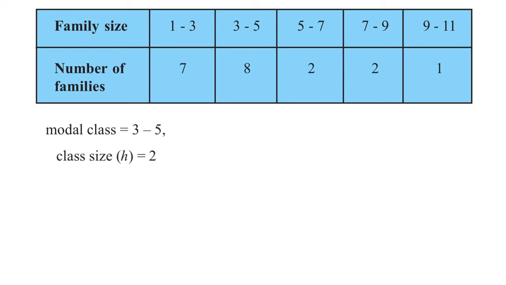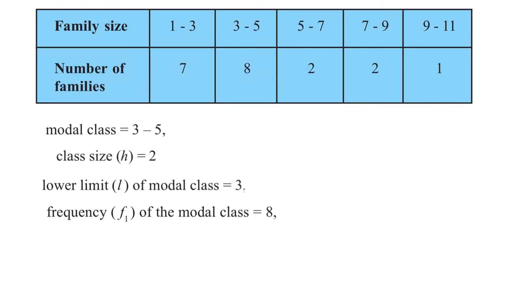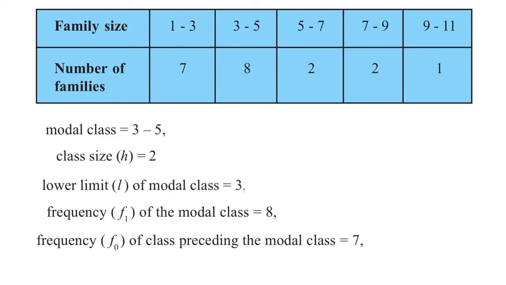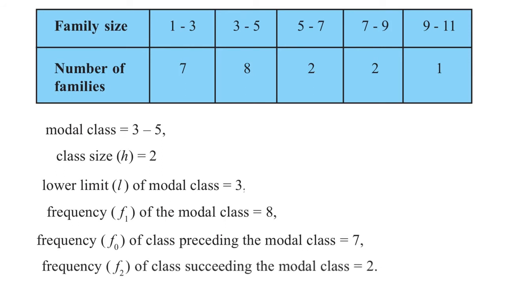The lower limit of the modal class is 3, and the frequency f1 of the modal class is 8, and frequency f0 of the class preceding the modal class is 7. Frequency f2 of the succeeding modal class is 2. So we know all the variables. We will plug into the formula and then find out what's the answer.